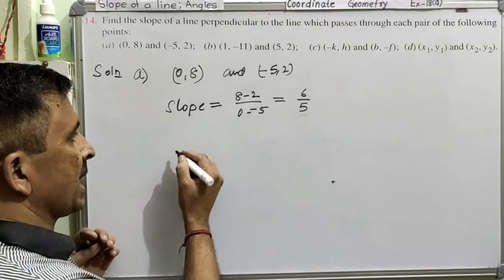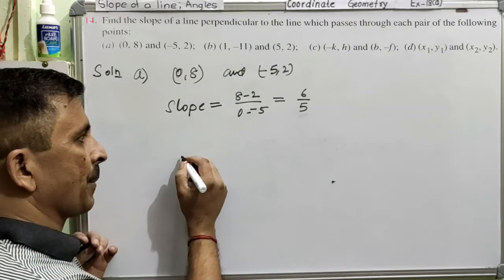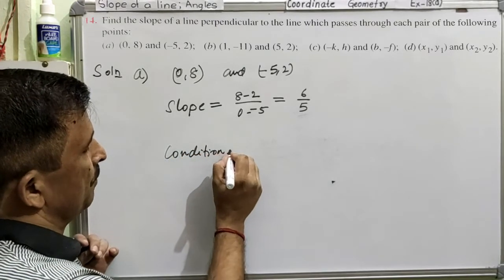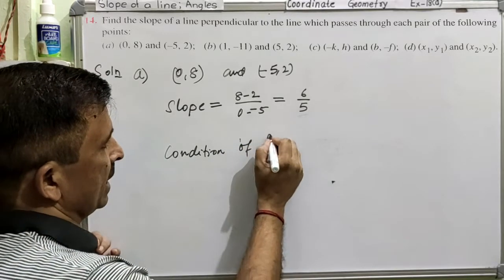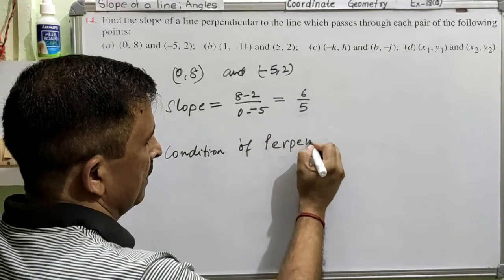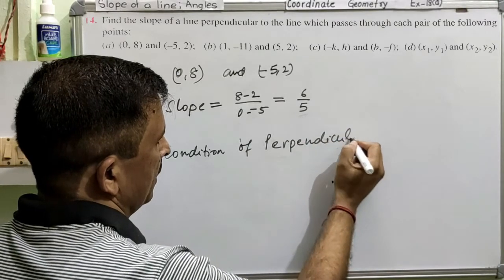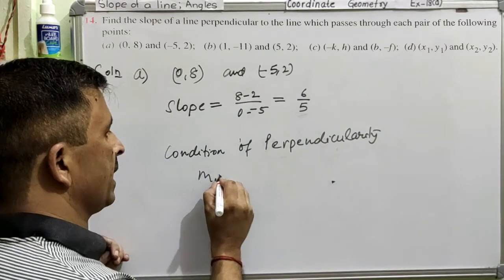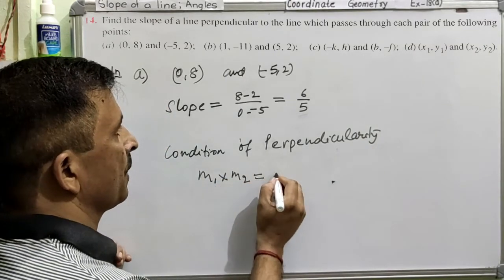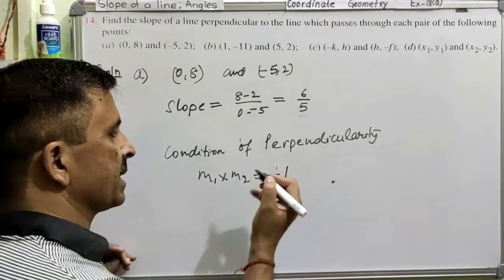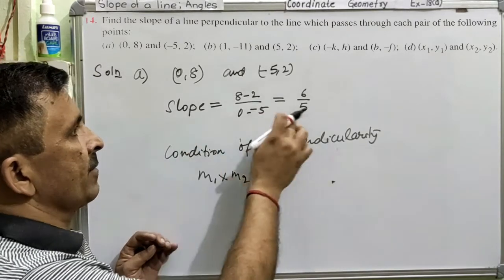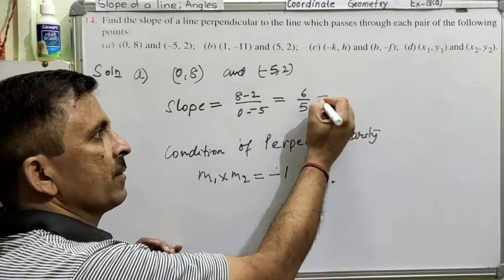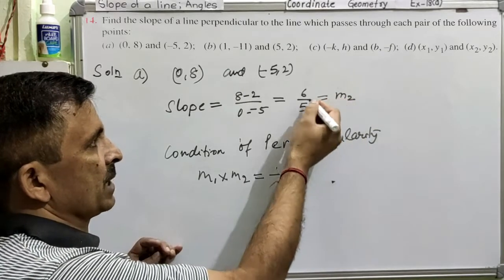So in that case, I told you the condition of perpendicularity is m1 into m2 is equal to -1. This is the perpendicular line condition. Clear? One of the slopes is this. Maybe I will say that this is m2. m1 or m2, anything we can consider. Suppose this is m2. So we will put this value for m2.